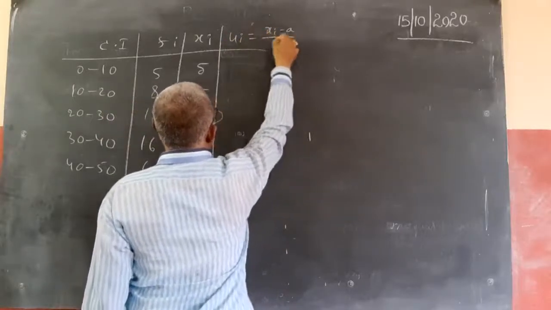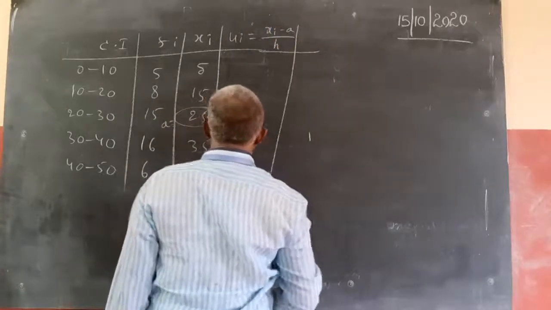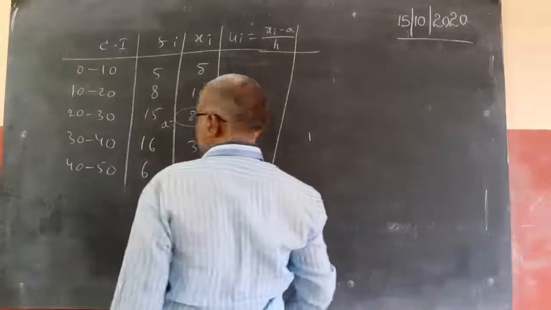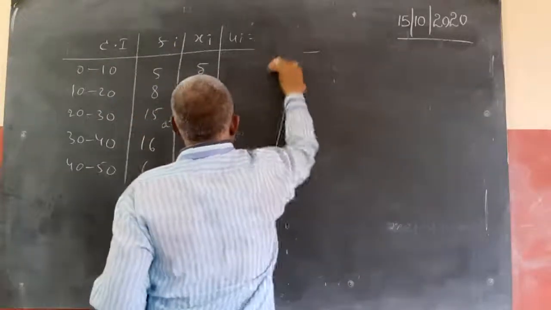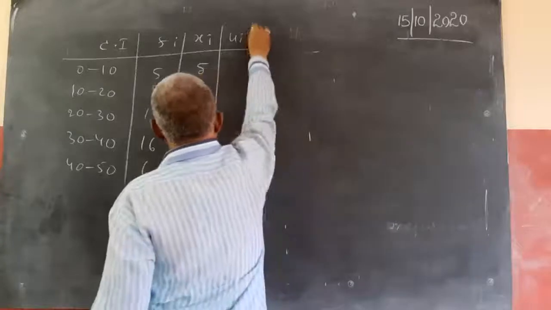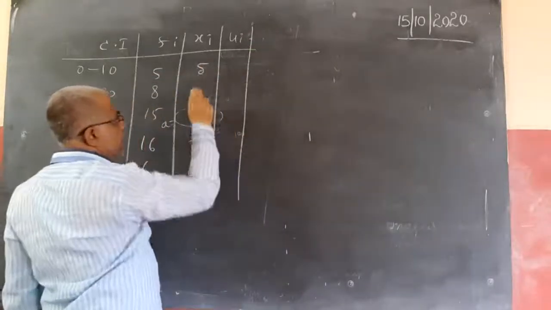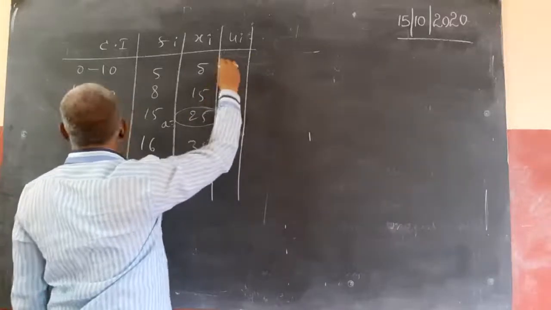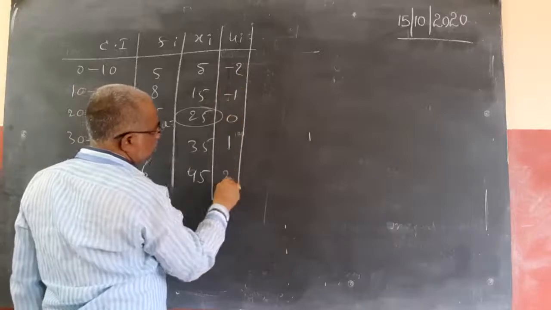So with a as 25 and h as 10, ui becomes minus 2, minus 1, 0, 1, 2.